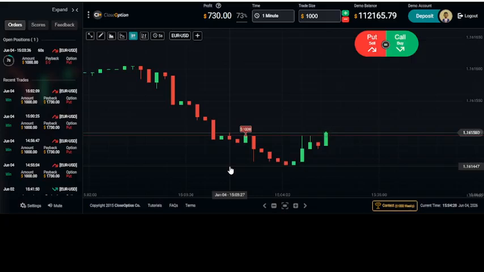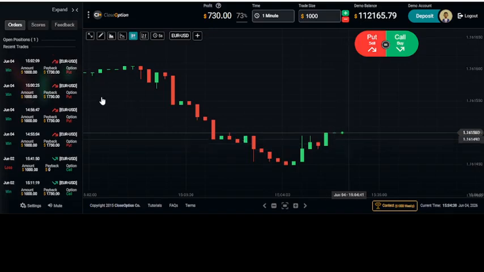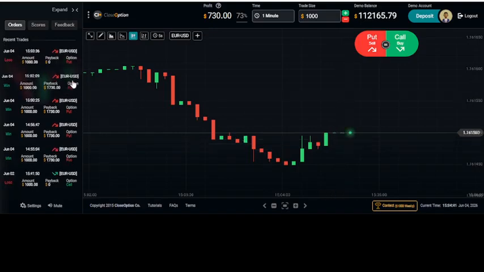Okay, this trade could be first loss. Okay, so this trade actually, okay, that was a loss here.